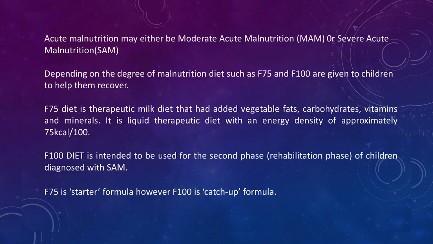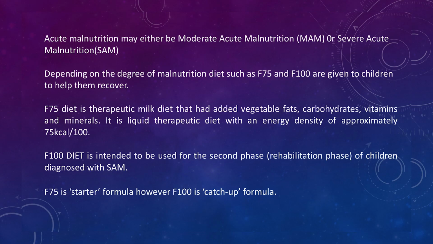In severe acute malnutrition, there is a need for hospitalization, and proper therapeutic food may be provided to prevent death. Acute malnutrition may be either moderate acute malnutrition, called MAM, or severe acute malnutrition, called SAM.